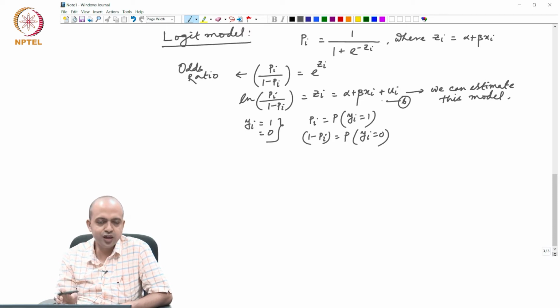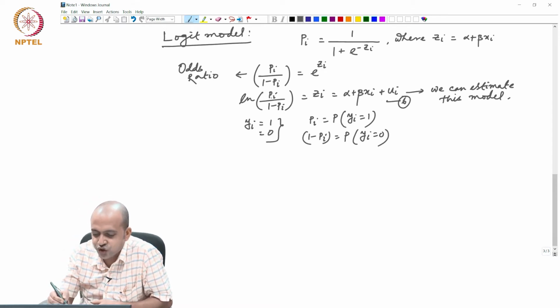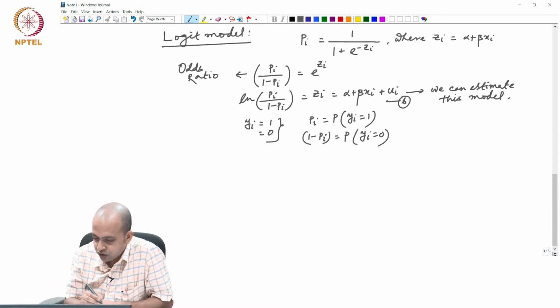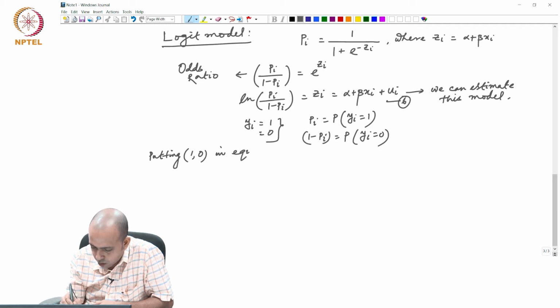Apparently you may think of putting the yi value in this equation to construct the dependent variable. But if you put 1 and 0 in equation 6, what will you get?